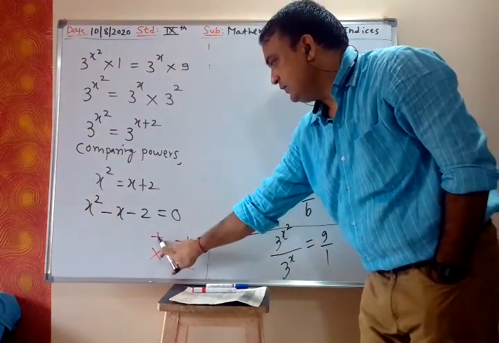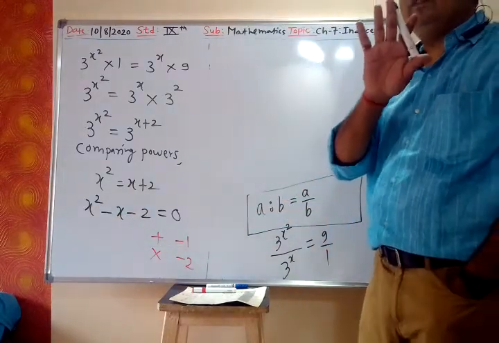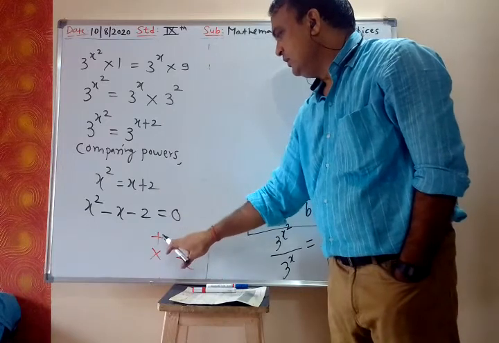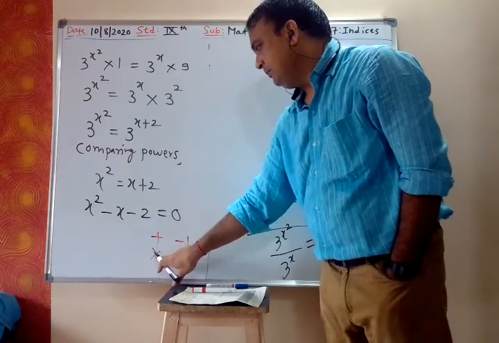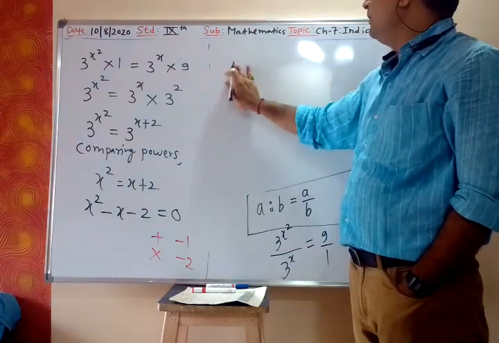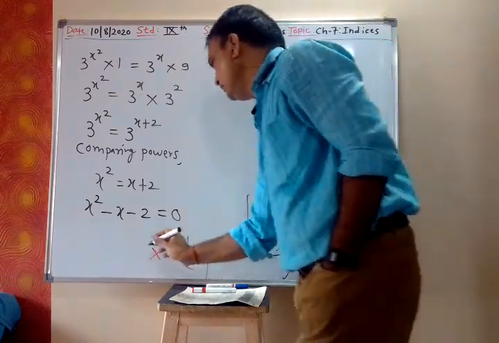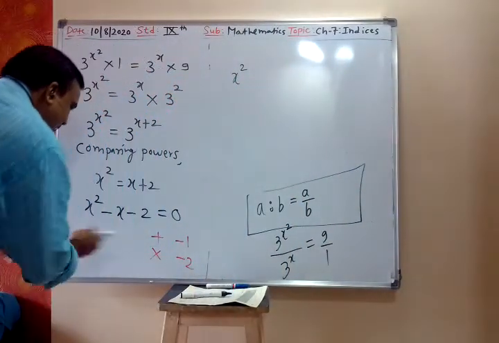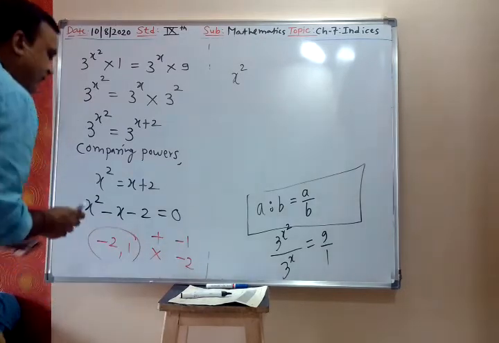Find two numbers whose sum is minus 1 and multiplication is minus 2. So the numbers are minus 2 and plus 1.